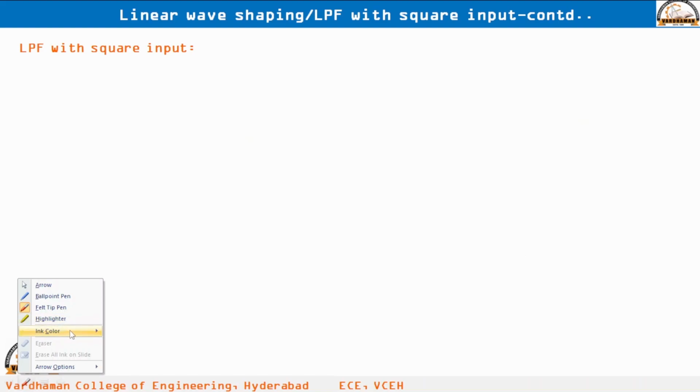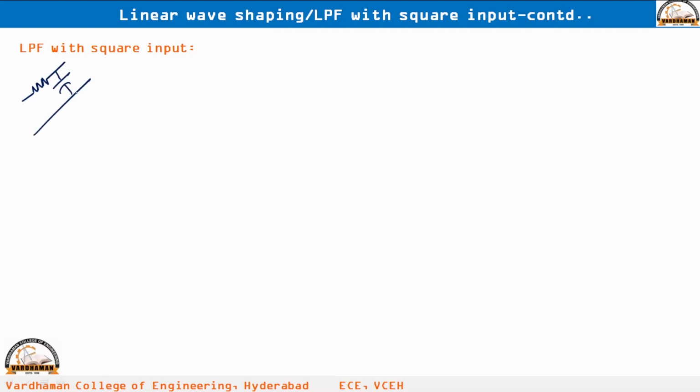we will go to this particular derivation. So, take a low pass filter with a capacitor and resistor. Here we provide a square input, and as per the time constant we can get different outputs.